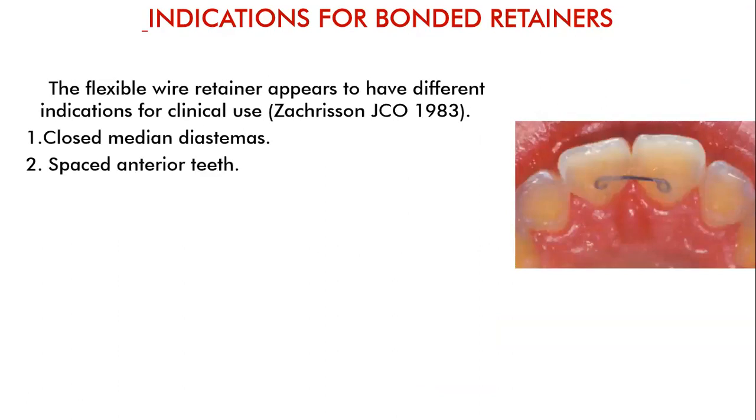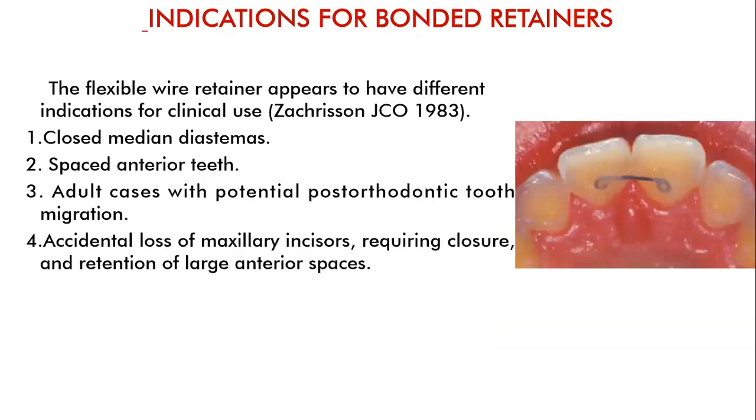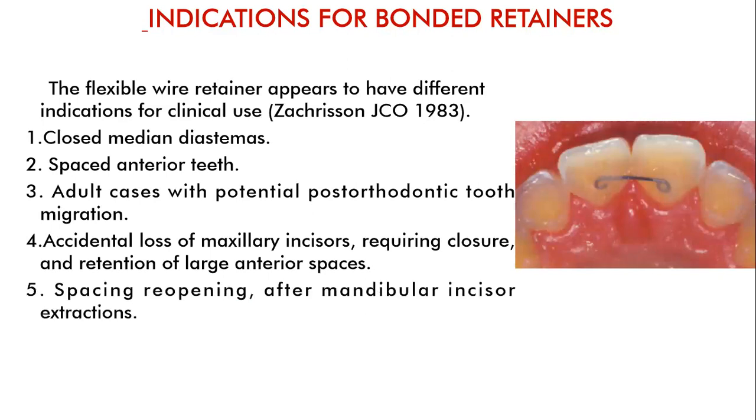So in cases of midline diastemas, you have different kinds of fixed retainers. You also give this to closed diastema. I mean, in cases where you have closed diastemas, spacing of anterior teeth, if they have post-orthodontic periodontal problems, you give these retainers. Accidental loss of maxillary incisors, also you can give these retainers.